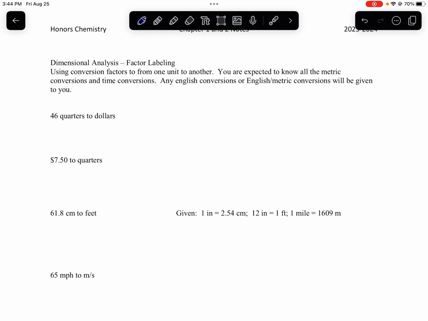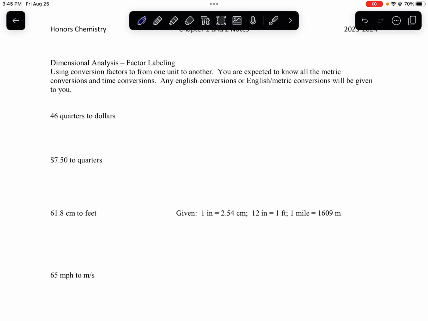There's certainly sometimes where it seems a bit more tedious than what it needs to be, but there will be some times when I'm asking you to make sure you do this in science or in dimensional analysis, and I want to see that you can do it that way. So this is something that we need to learn how to do.